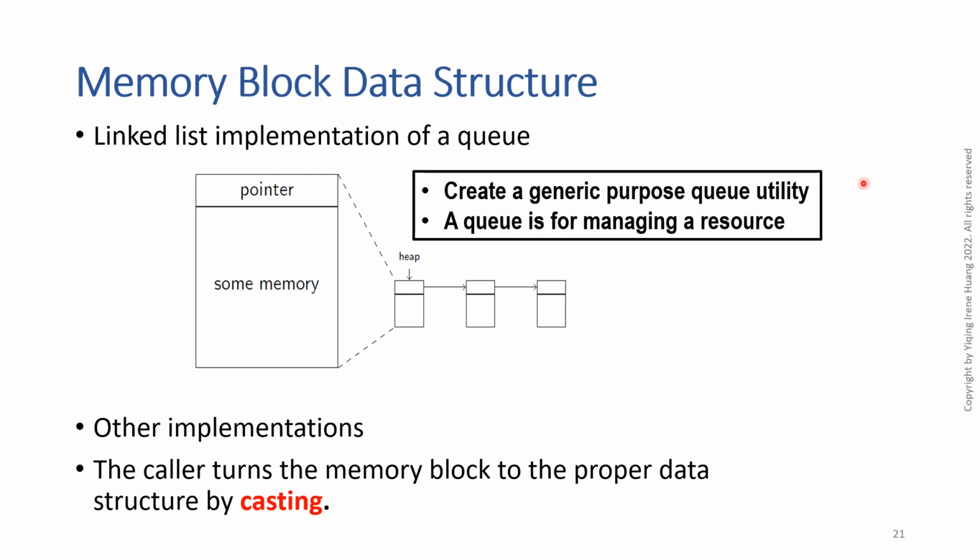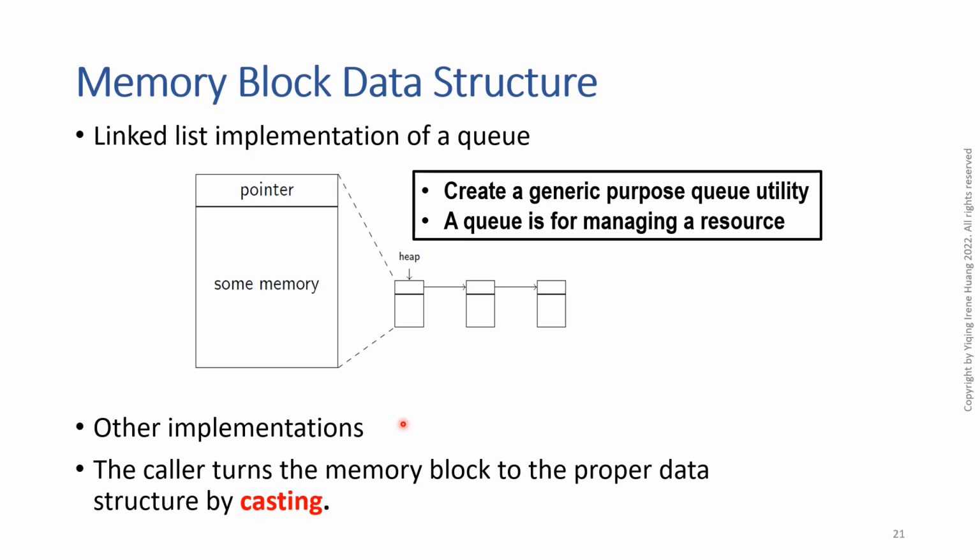It is a good idea to create a generic purpose queue utility so that this queue can be used to manage other resources. For example, the PCB, the process control block, which you're going to manage in part B of project 1. There are other implementations as well, but this is a commonly seen one. The other implementations include the bitmap.